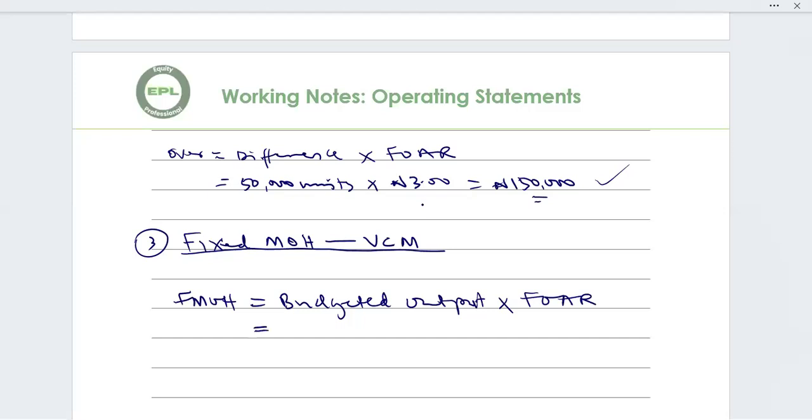So in this question, the budgeted output, the number of units, the normal capacity is 200,000 units. You multiply it with the fixed overhead absorption rate, which is 3 Naira as given to us. Therefore, the fixed manufacturing overhead is 600,000.